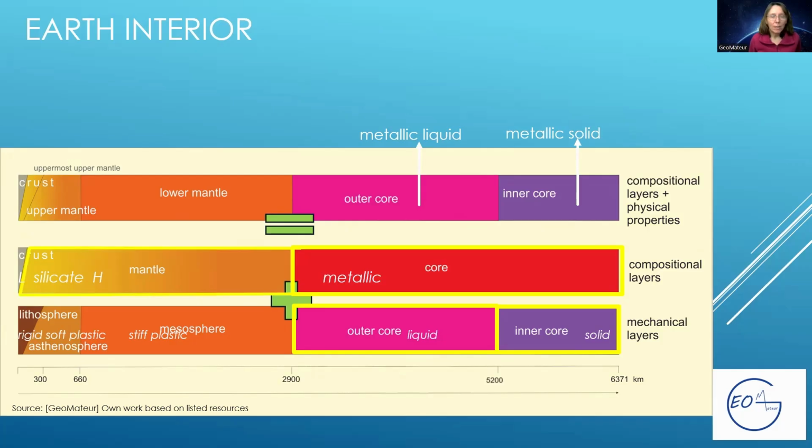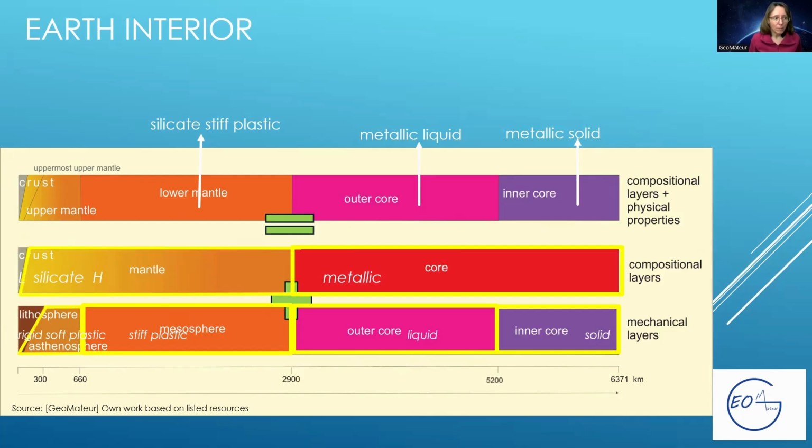And there is a similar situation with the next layers. Compositionally, there is the mantle, but mechanically we have the mesosphere. And compiling these two layers, we have the silicate stiff plastic lower mantle.